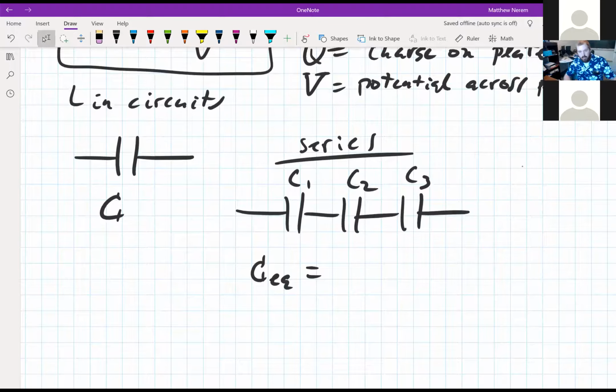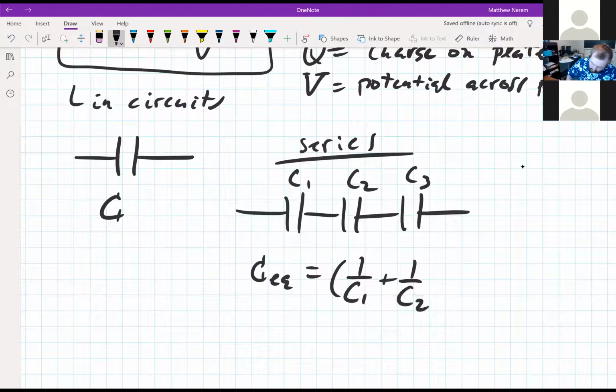Right? This is the opposite of the way the resistors add up. So C equivalent would be the sum of 1 over C1, 1 over C2, 1 over C3, all to the power of -1.